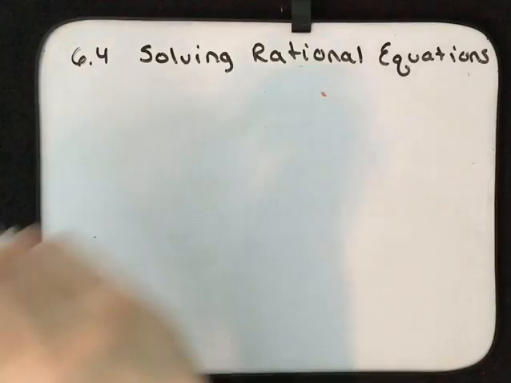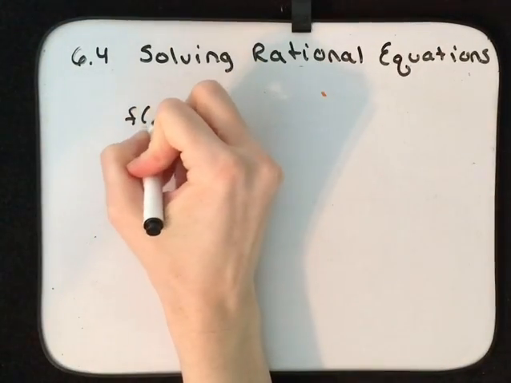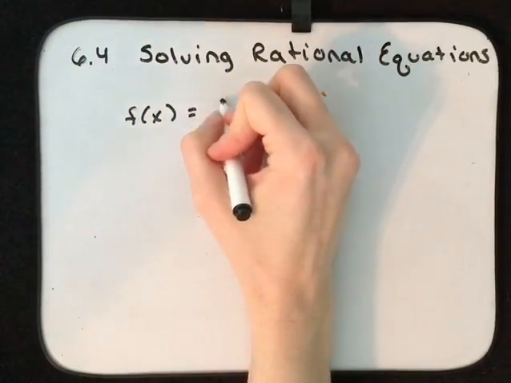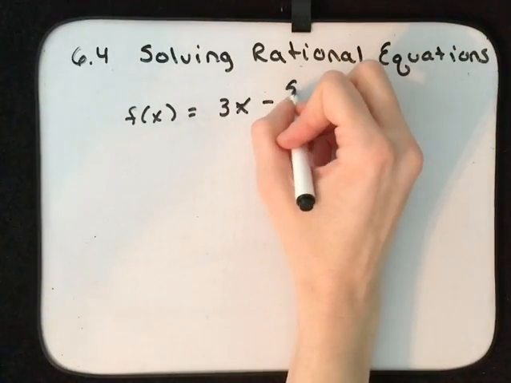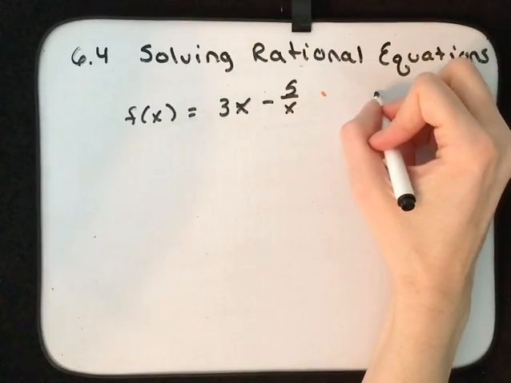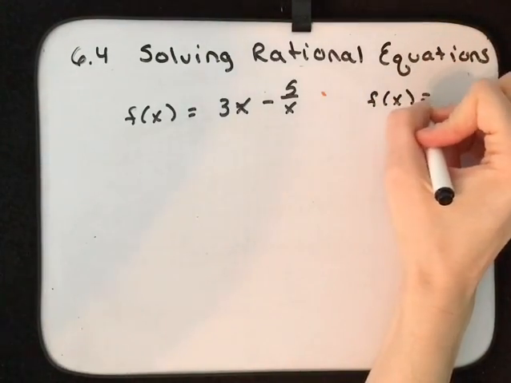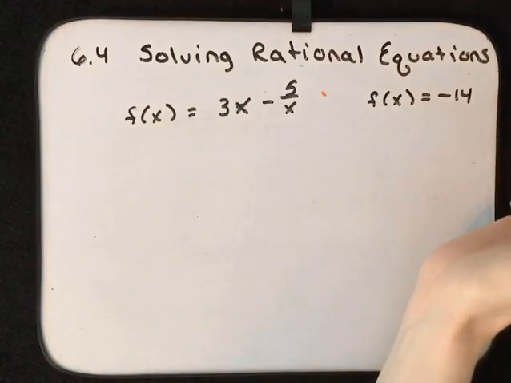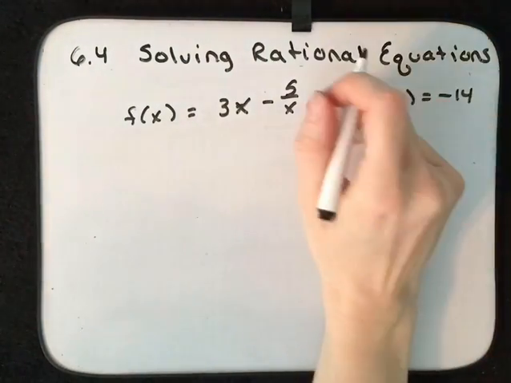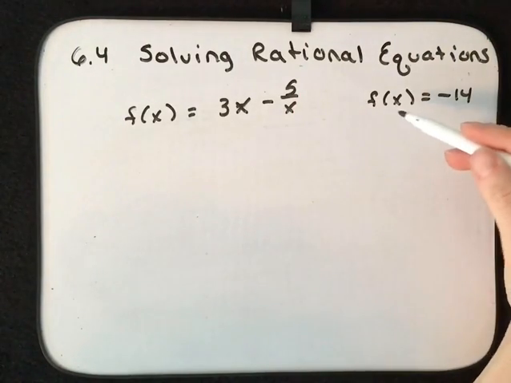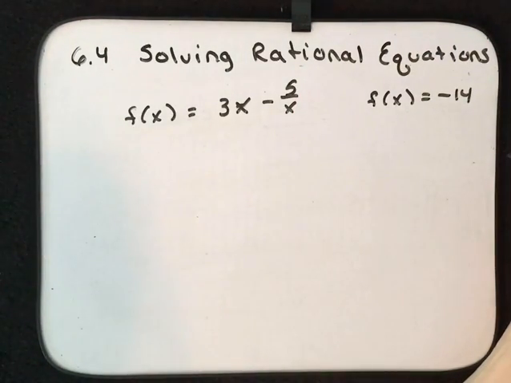Let's look at one more. So say that you're given f of x equals 3x minus 5 over x, and you want to find the values of x that make f of x equal negative 14.